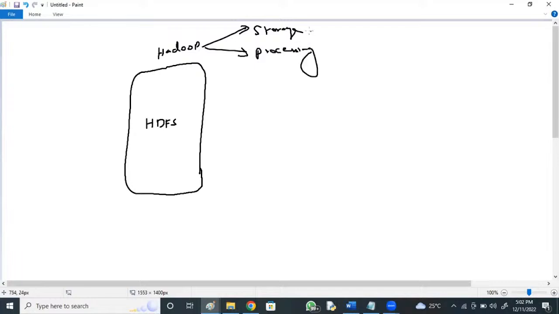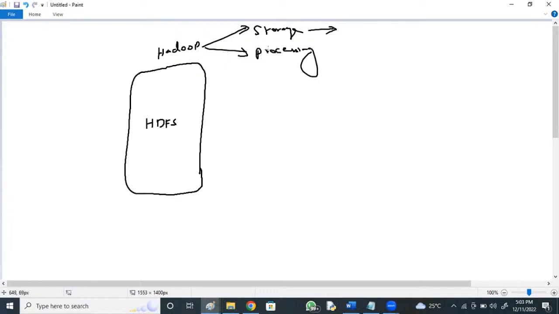For storage, it doesn't use any database, because databases have some drawbacks. Limited storage, and most databases have no parallel processing. If volume keeps on increasing, for example calculating the total amount for 10 records or 1,000 records or 10 lakh or 1 crore, speed decreases, right?